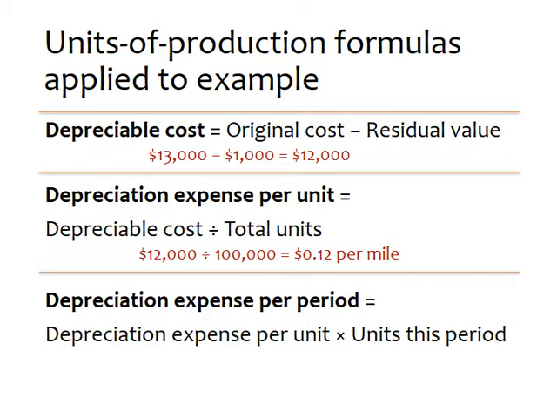Now the units here are miles, so we will take the $12,000 divided by 100,000 miles to get 12 cents per mile as the units of production mileage rate. Then we will be calculating depreciation expense per unit of 12 cents per mile times the number of units, or miles, during the period.